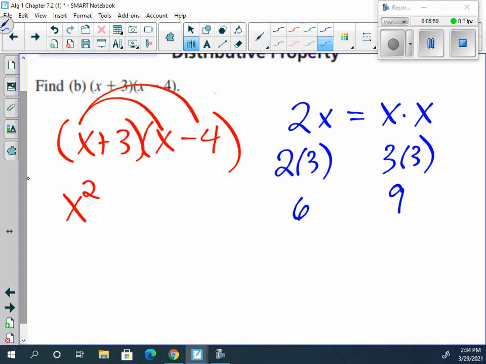So here I have x times x, yes? Now when I square something, I'm saying I'm taking whatever that number is and multiplying it by itself. So whenever we multiply a number by itself, it's the same as squaring it, because 3 times 3 is the same as 3 squared. Does that make sense?